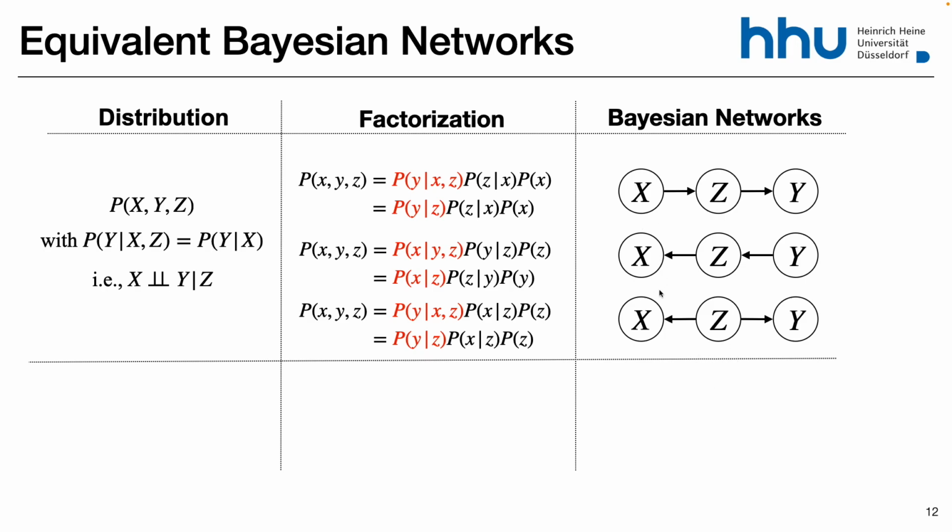So 3 different graphs are Bayesian networks or minimal IMAPs for this independence, X independent of Y given Z. They all work. They are all perfect or minimal IMAPs for representing this set of conditional independencies, which is just X independent of Y given Z.